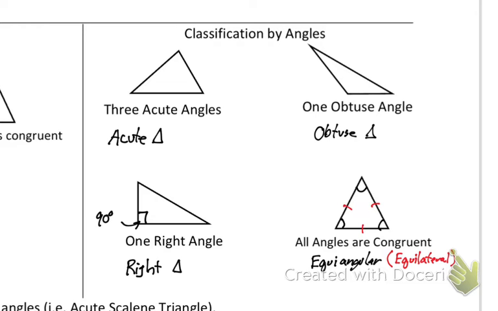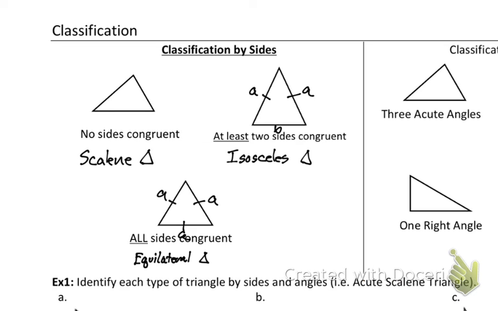If you want to say equiangular, you can just say equilateral. That covers all of it. Or you can call it equiangular. You are correct, but most of the time we just change the name to equilateral because we know it's going to be equilateral. So on the test, you can just put equilateral, even though it doesn't match what we're doing next. Just keep that in mind, okay? If we see all sides congruent, we put equilateral down.